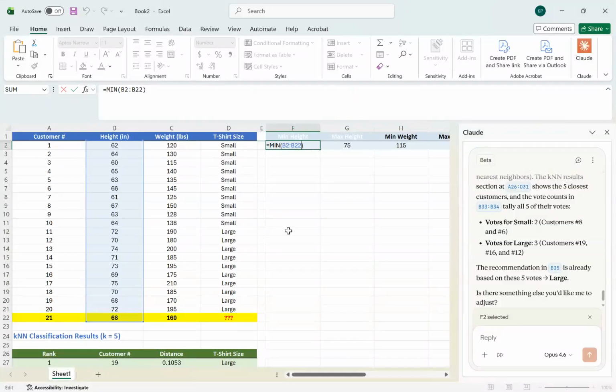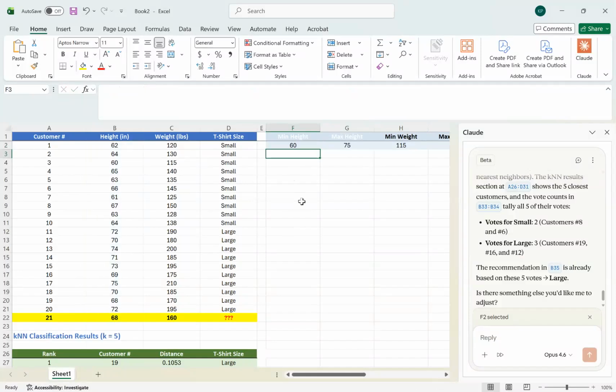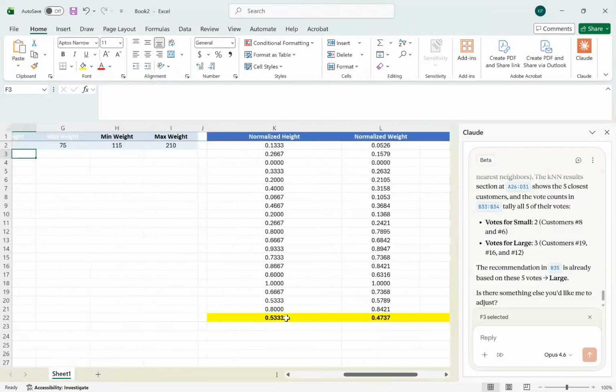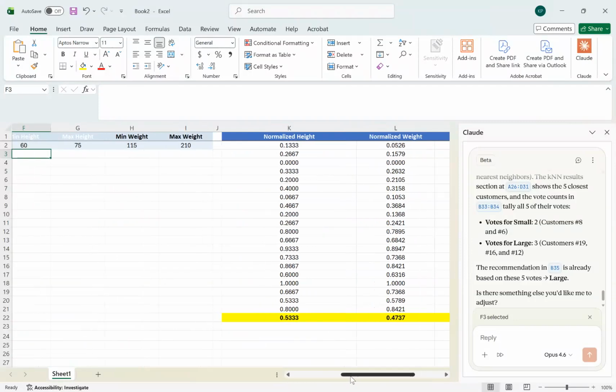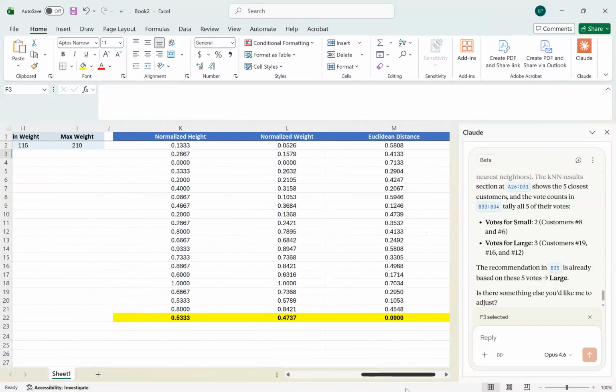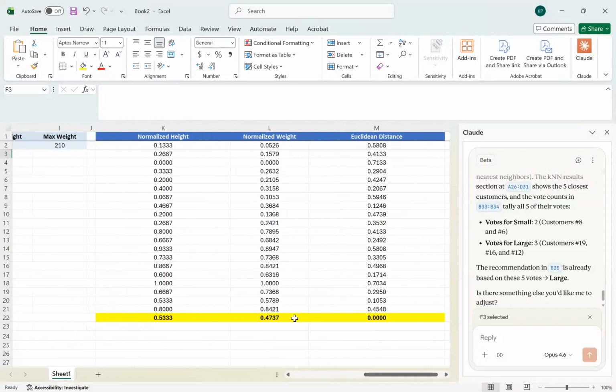But I like to include it, and many people also do, because if you don't, what will happen is that, let's say, customer number 21 has a height which is bigger than all these other 20 customers, you will end up with a standardized or normalized value for customer number 21 of more than 1. And if that customer number 21 has a height which is shorter than all the other 20 customers, you'll end up with a negative value instead of between 0 and 1.